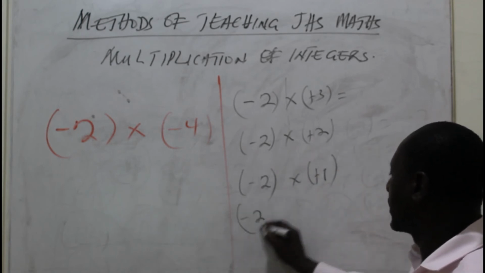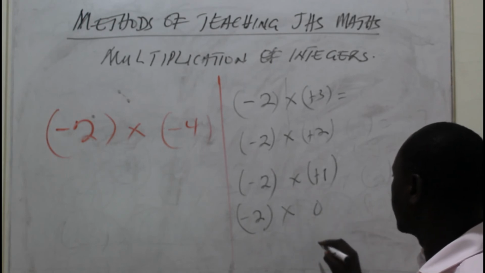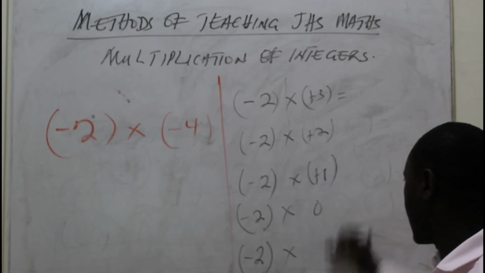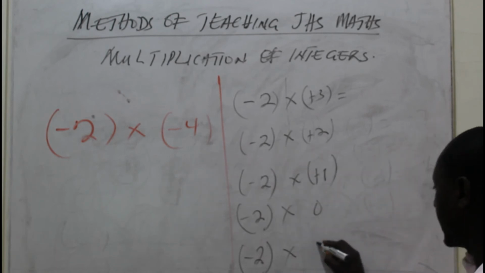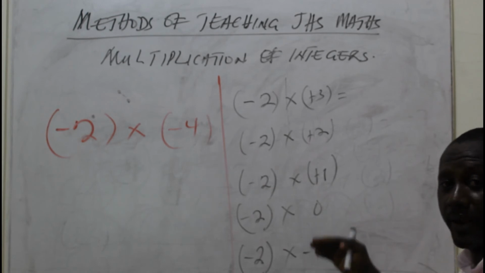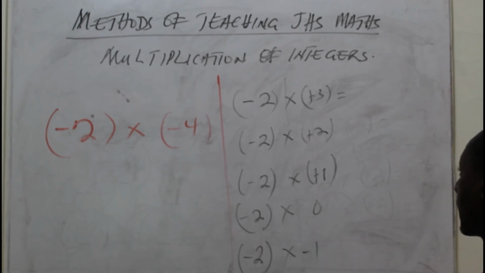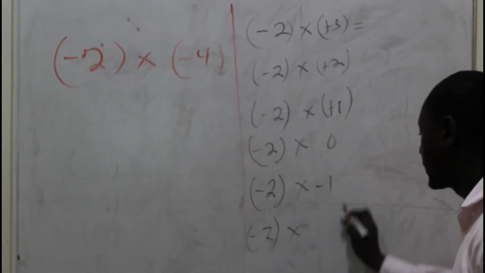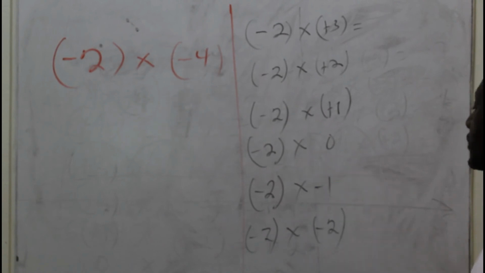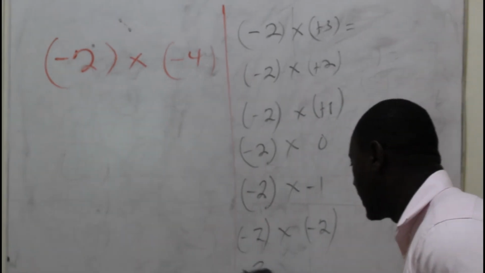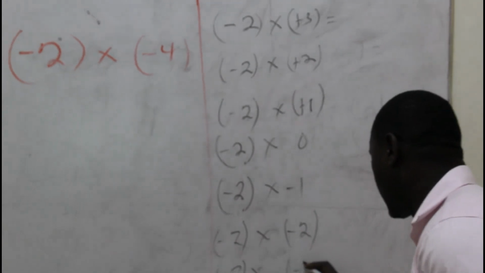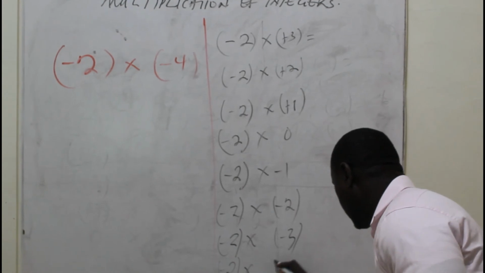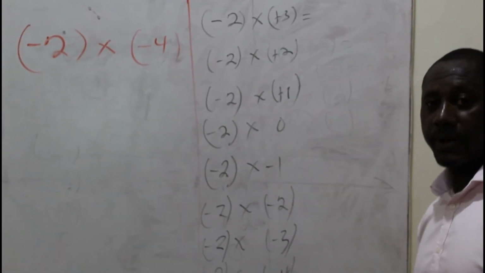I'll maintain this one, then reduce this number to 0. I'll maintain this one, then reduce this number from 0. They will know that they are going to negative 1. So they are now entering the negatives. Okay? So I'm going to reduce this one, I'm going to maintain this one, reduce this one to negative 2. They are still reducing. Then I'll maintain this one, then reduce this one to negative 3. Maintain it. Reduce this one to negative 4. So it will follow in that pattern.